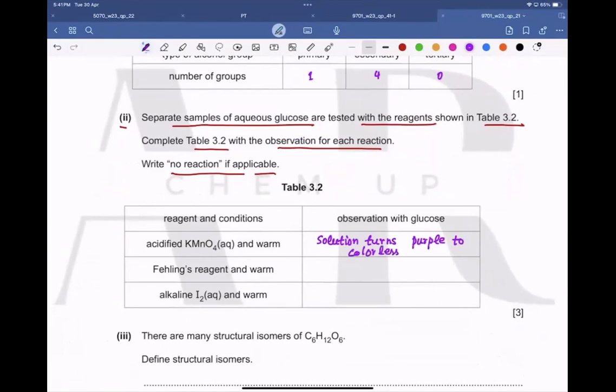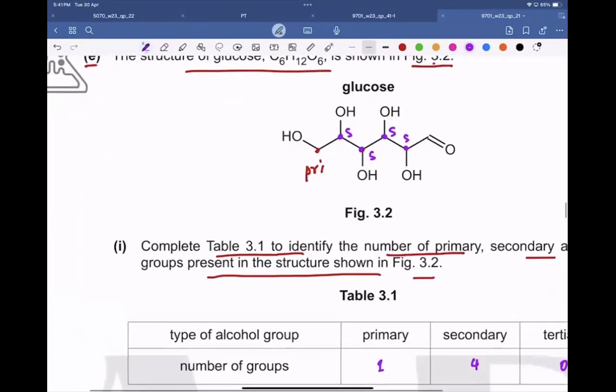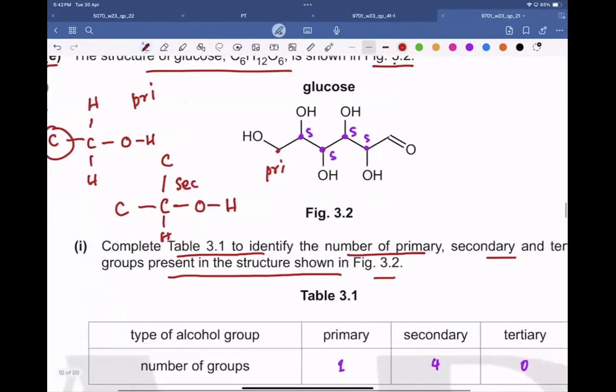Yes, Fatma. See, the condition is: if the carbon is bonded to an OH and is bonded to one carbon, and on two sides there is a hydrogen, then it's a primary. Or if instead of this carbon there is a hydrogen, then still it's a primary. For a secondary, a carbon is bonded to an OH, is bonded to two carbons and one hydrogen, that makes it secondary.